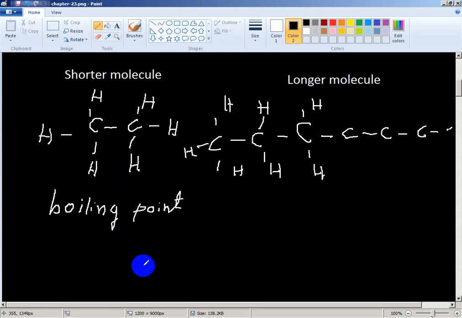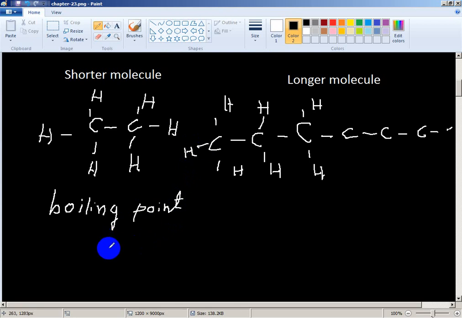Boiling point is a temperature. At this temperature, liquid starts to boil, turning from liquid to vapor. That temperature is called the boiling point.